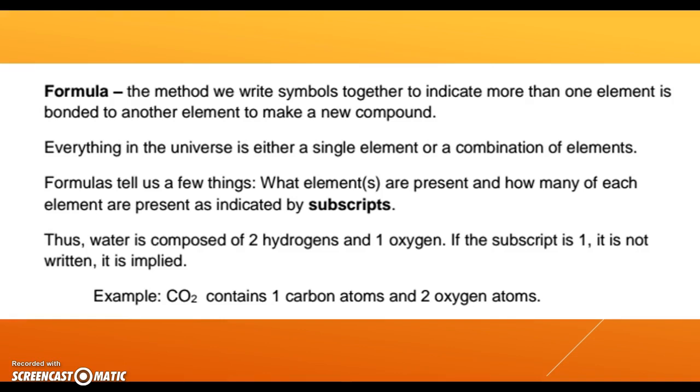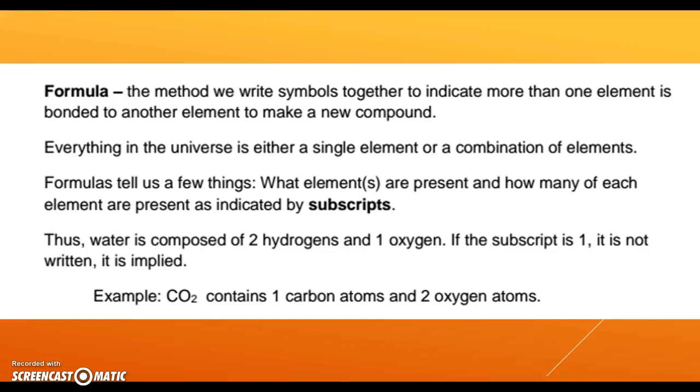Formulas are essentially the way that we write out compounds so we understand what we're talking about. In formulas, we use both letters and numbers. The numbers in the form of subscripts are going to be really important. The subscripts tell us what elements are present and how many of each element are present. For example, water we know is composed of two hydrogens and one oxygen atom.